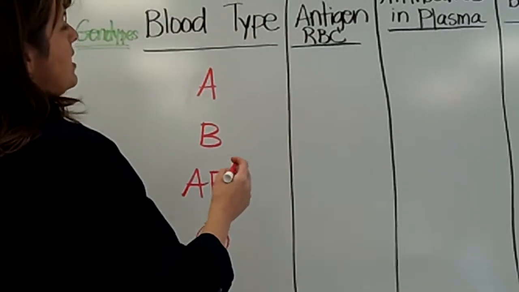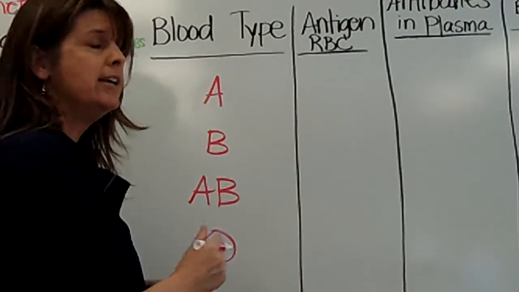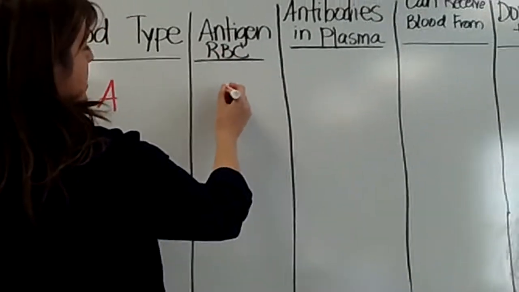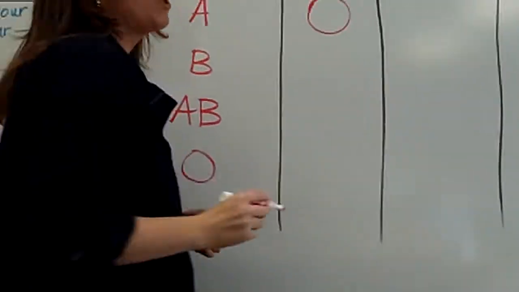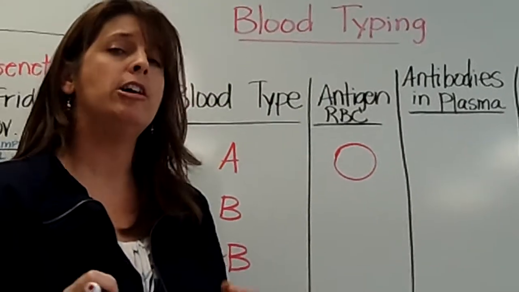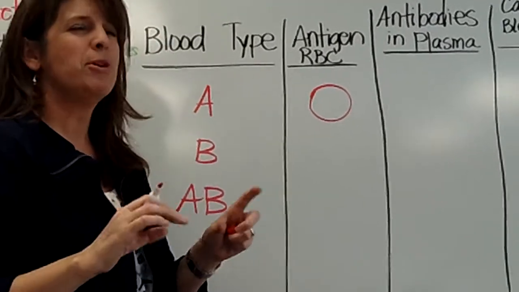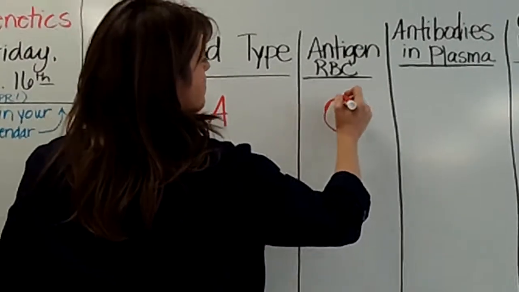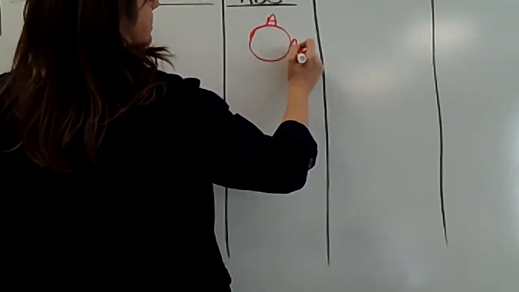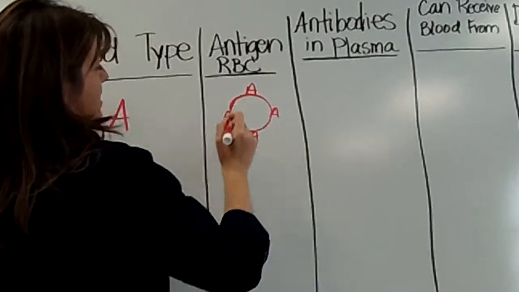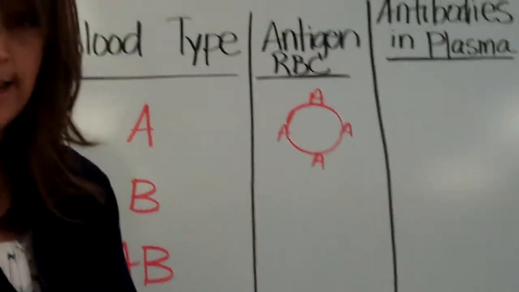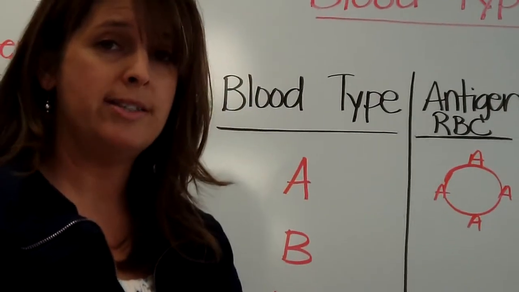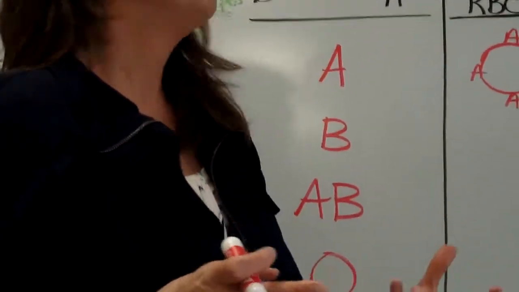Let's talk about this. When you have type A blood, you basically, on your red blood cell, have a little protein, and we call it an antigen. And for purposes of our notes, we're just going to say that antigen looks like little A's. Now, it doesn't really look like little A's, but it's a little protein that's on your red blood cells, and it's easily identified.